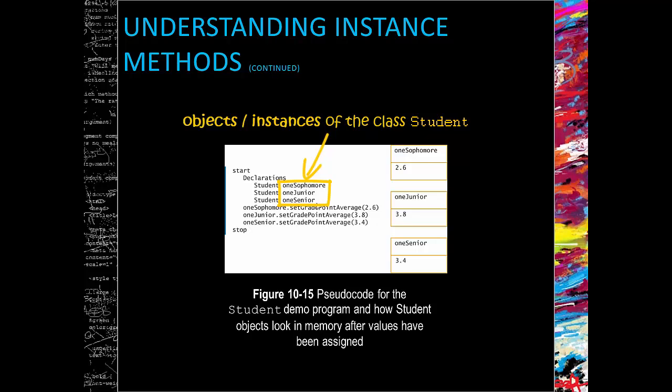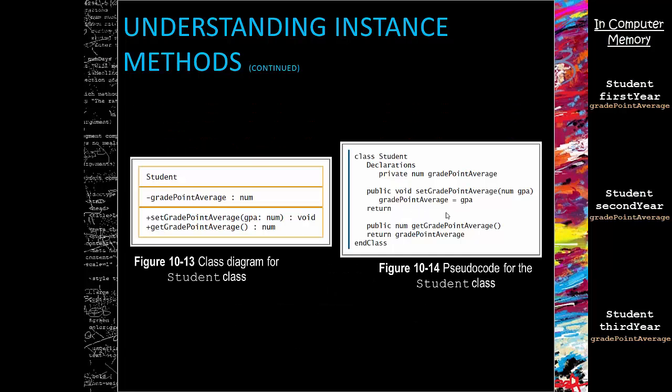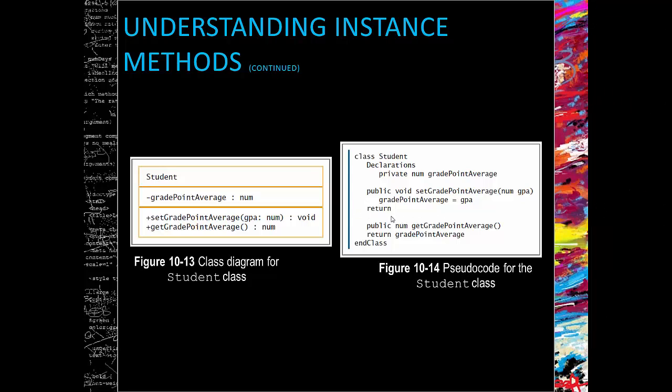So these three objects are of the student class. It makes sense that each object should have its own grade point average field. But it doesn't make sense for each student to have its own copy of these get and set methods, right? Creating identical copies of a method for each instance would be inefficient.